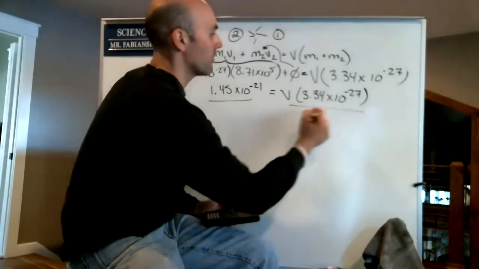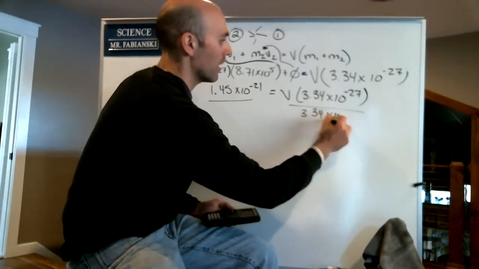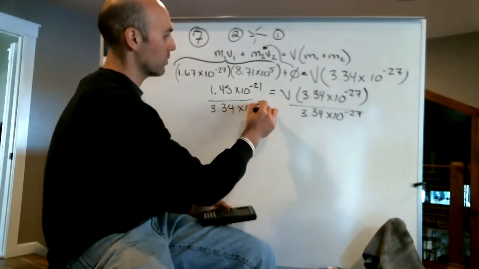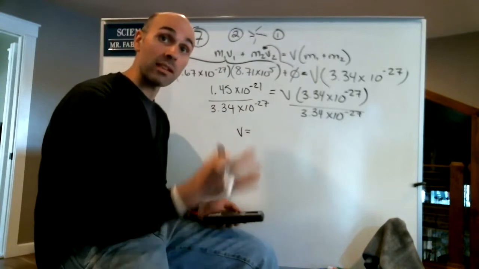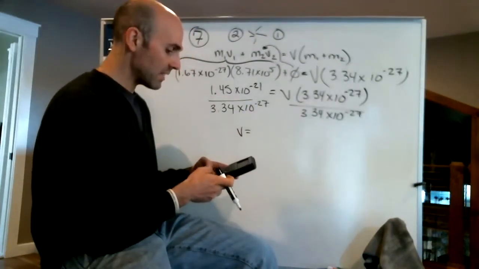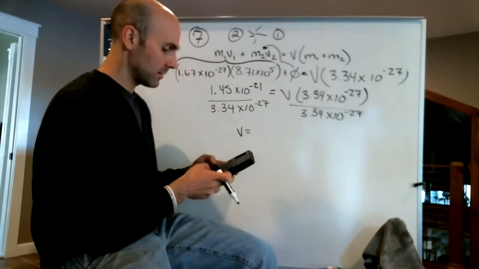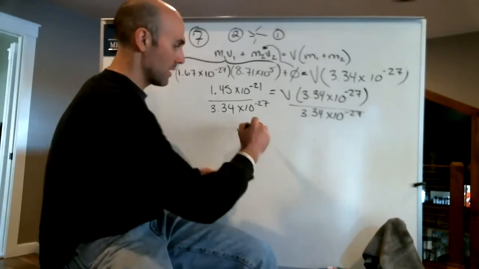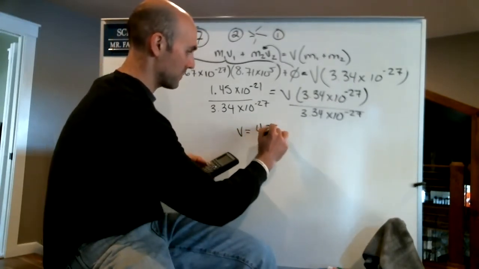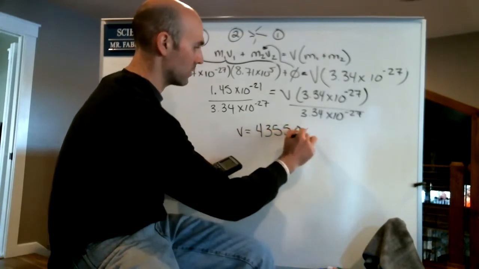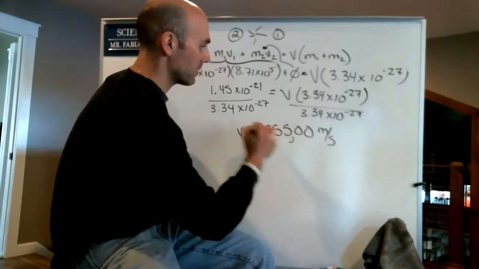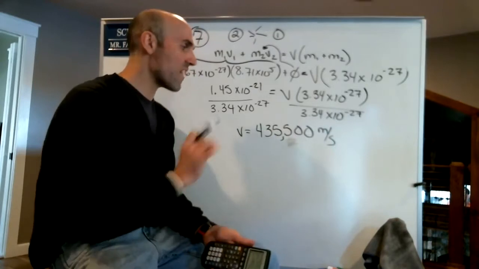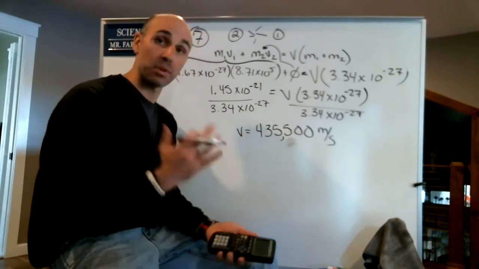Now we will simply divide by 3.34 times 10 to the negative 27th, and we get a velocity of the two protons sticking together. They are traveling at 435,500 meters per second. It's pretty fast.